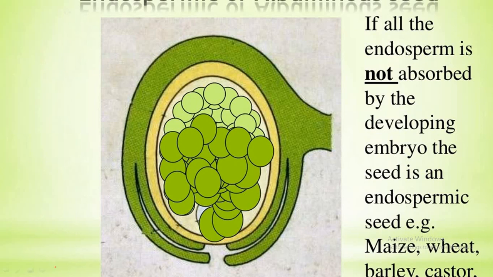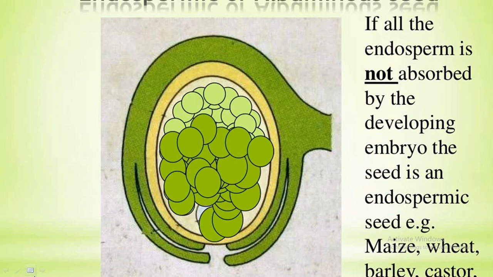In some seeds, remains of nucellus are present, called the perisperm. Examples are black pepper and beet. The monocot and dicot seeds are named due to the number of cotyledons they have in the seed.